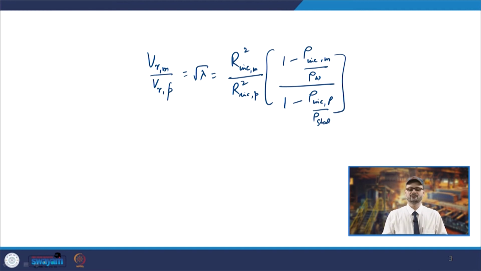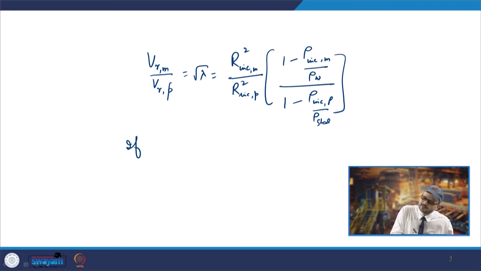So, basically it will be lambda raised to the power 1 by 4. So, our R inclusion for the model will be lambda raised to the power 1 by 4 times R inclusion for the prototype. Then you can select the inclusion sizes accordingly.